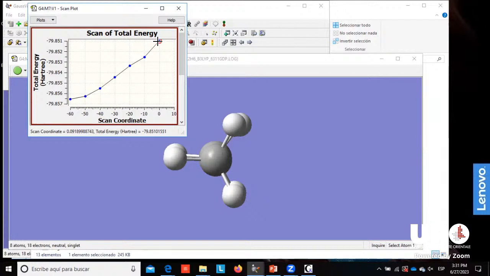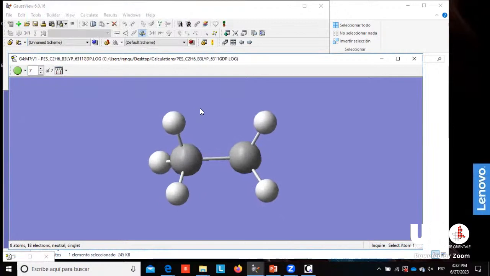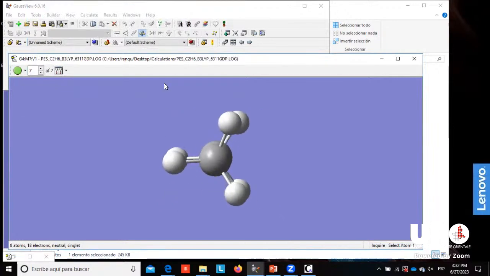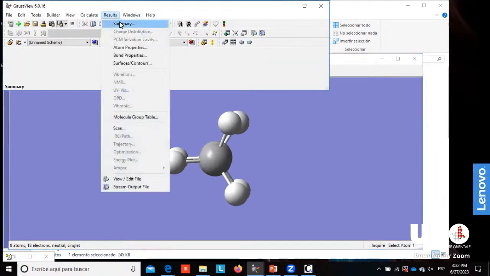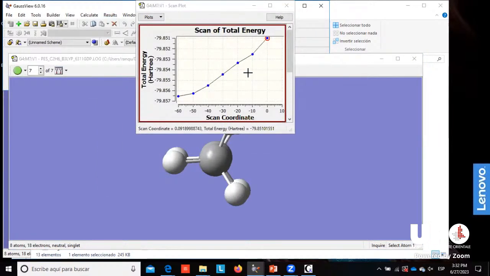So, everything good. Hopefully. So if everything goes well, when you finish the calculation, you can open the scan and see your energy profile, right? Yes, but this is not finished.